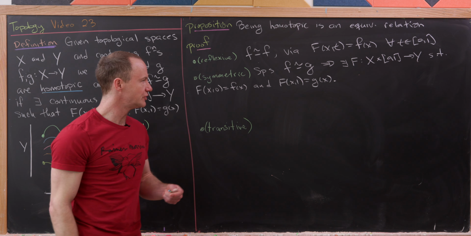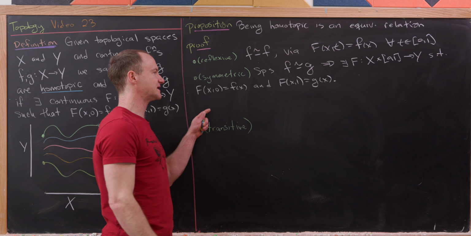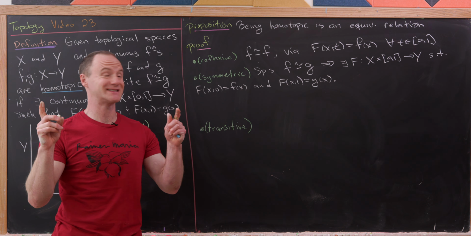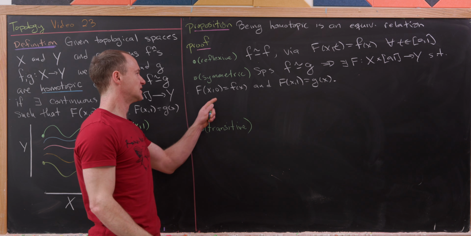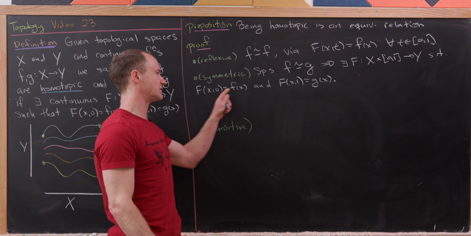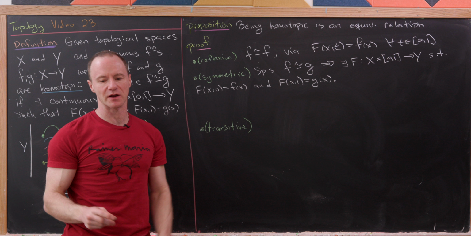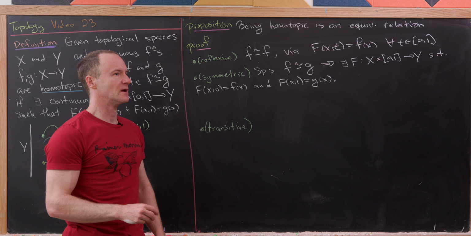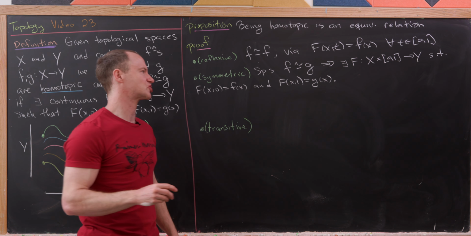And now what we'll do is essentially run the time in reverse. So instead of starting at 0 and going to 1, we're starting at 1 and going to 0. But we can do that via a little transformation.